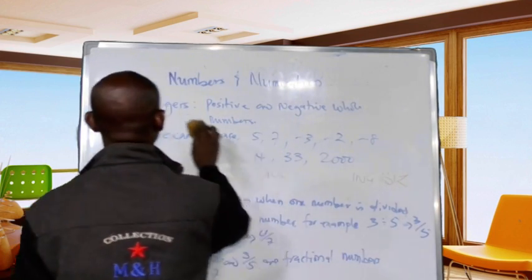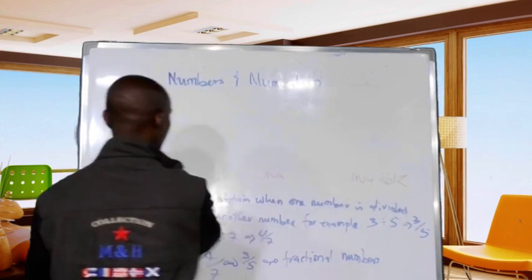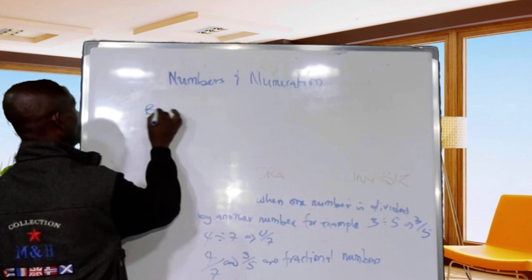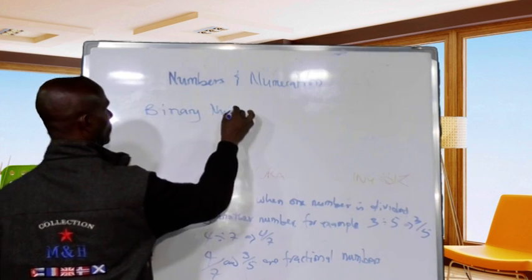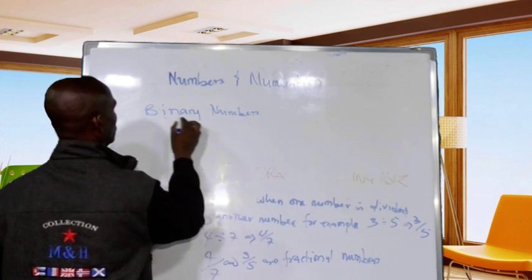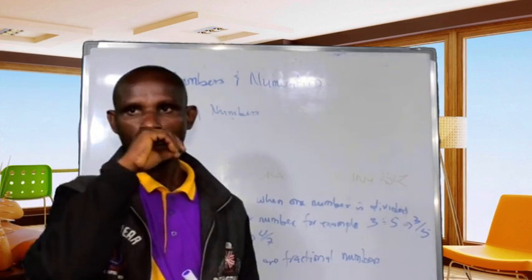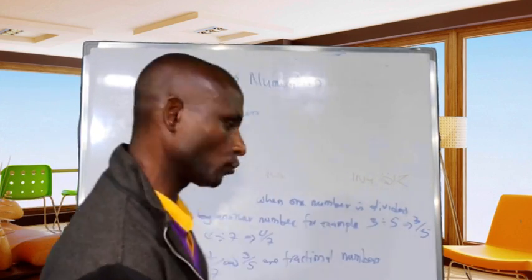Binary numbers. We are still dealing with numbers and numeration. Bi means 2. So binary numbers are mostly numbers in the base of 2.